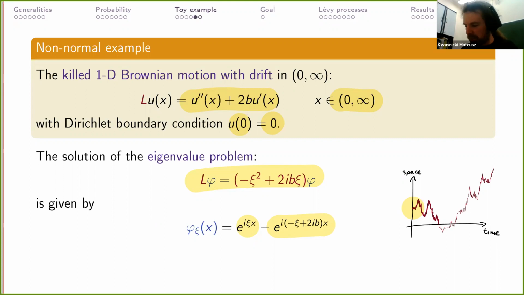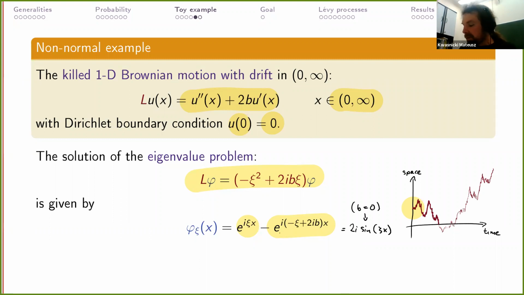If b is 0, then this is simply equal to 2i sine of psi x. So that in the symmetric case, this leads to the Fourier sine transform, which is essentially the same object as the usual Fourier transform for odd functions. But when b is non-zero, this is no longer the case. So this is for b equal to 0.